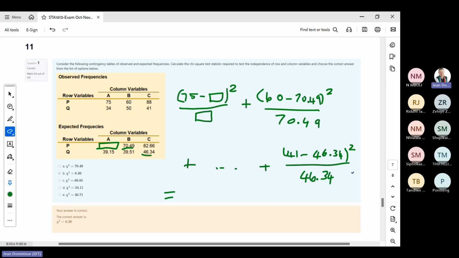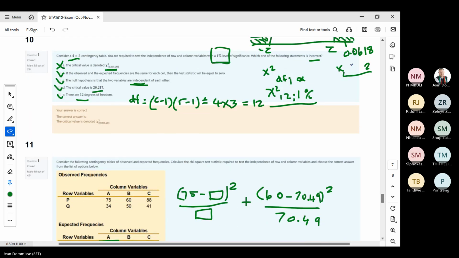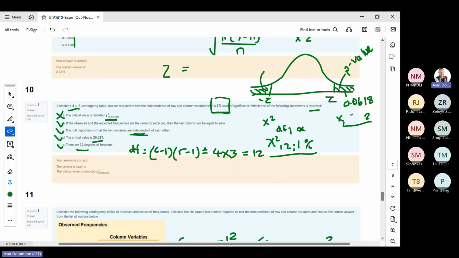Yeah, still. So what I'm thinking they're gonna do, I don't think it's gonna be more difficult.